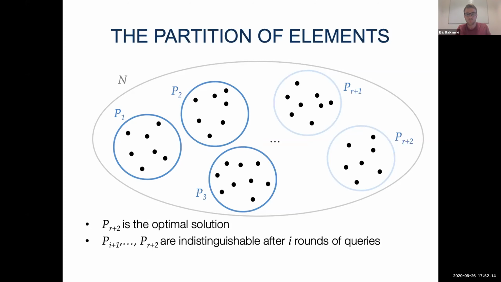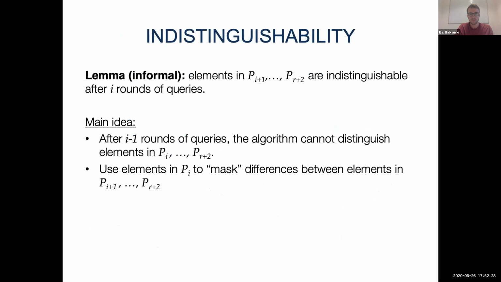After all rounds of queries, the sets P_{R+1} and P_{R+2} are indistinguishable. And since P_{R+2} is the optimal solution, the algorithm cannot find the optimal solution. This property of indistinguishability, that the elements in P_{i+1} through P_{R+2} are indistinguishable, is the main lemma that we want to obtain.